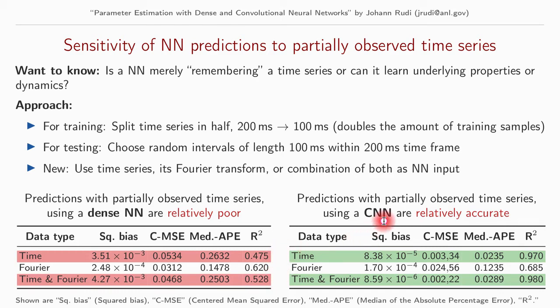However, the convolutional neural networks are fairly robust with respect to these partial observations. As you can see, they are happy to see the time series and pretty accurately predict the parameters from this time series.